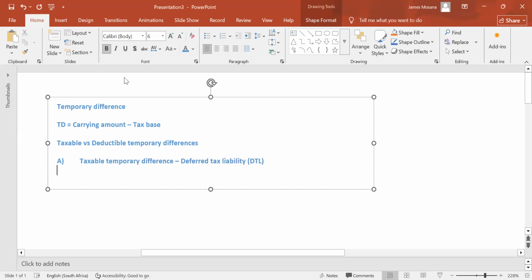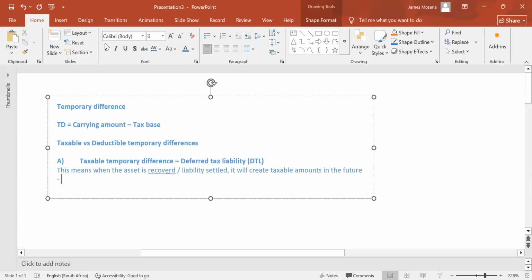Now, what does this mean? This means when the asset is recovered, the liability is settled, so in essence it will create a taxable amount in the future.